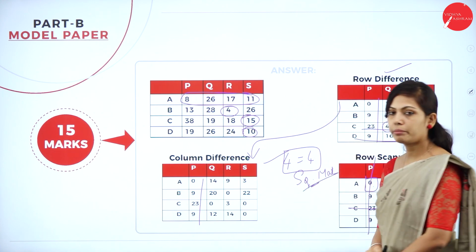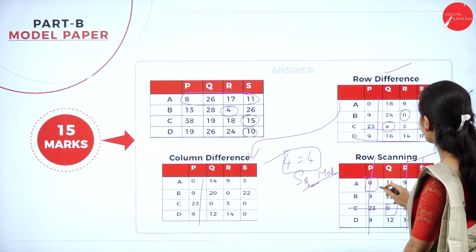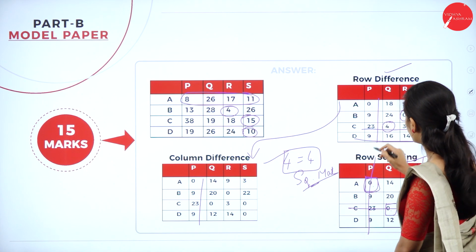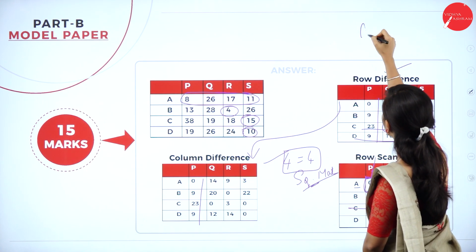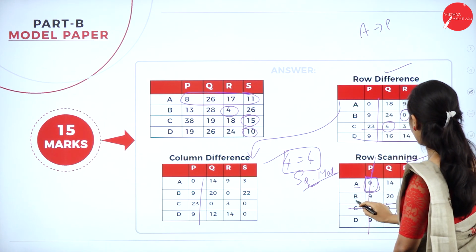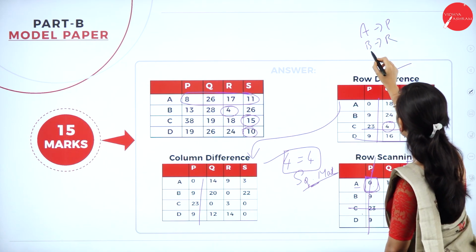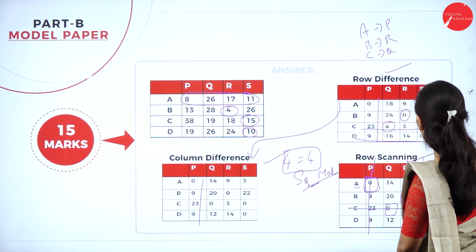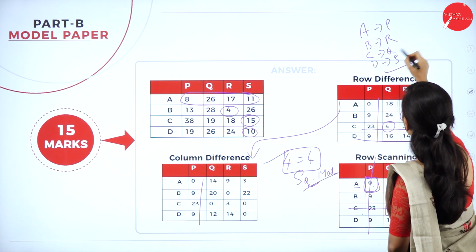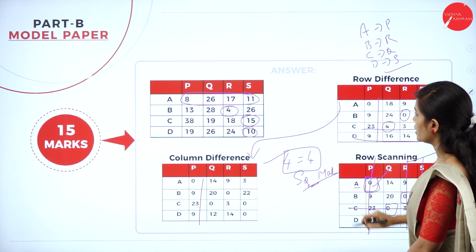So after this, you have to assign the values. So the 0 assigned is A to P, B to R, C to Q, D to S. So what is the original value for each 0?